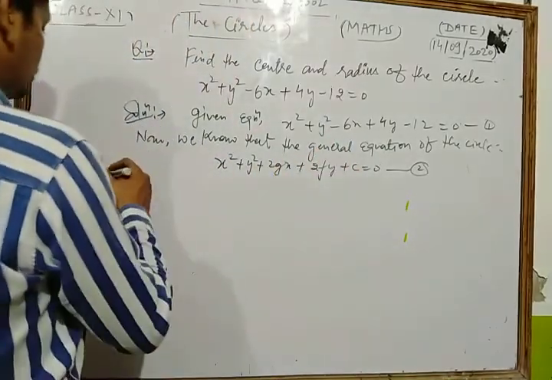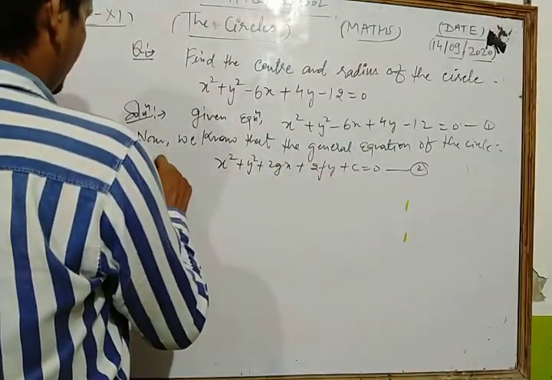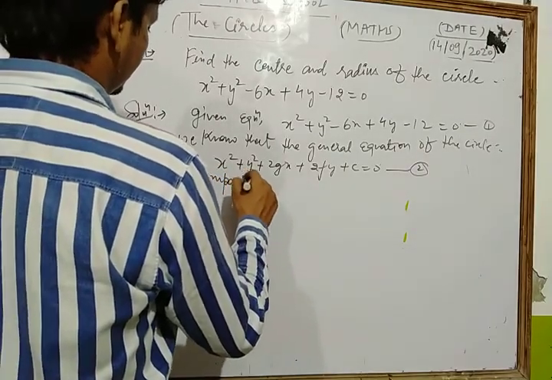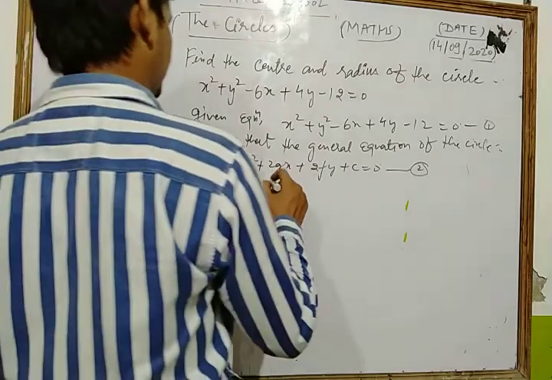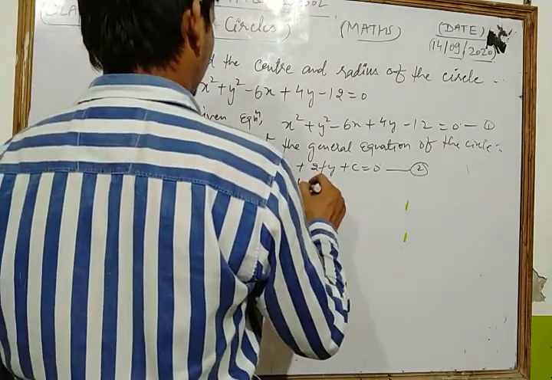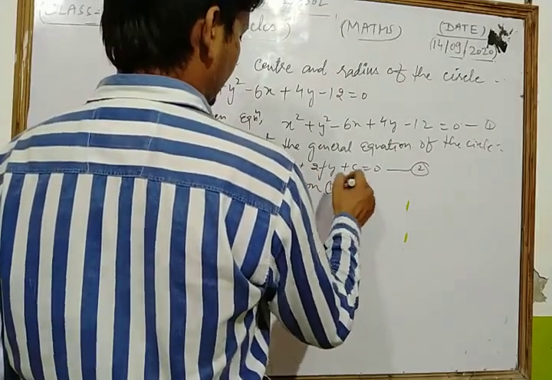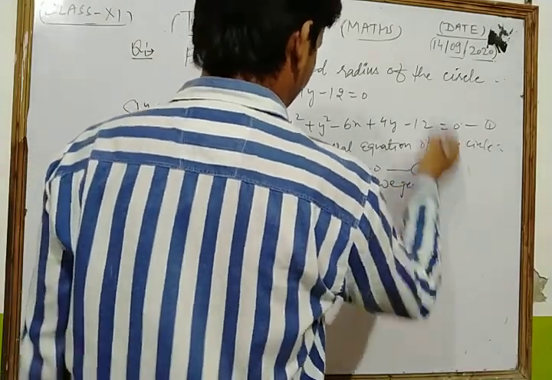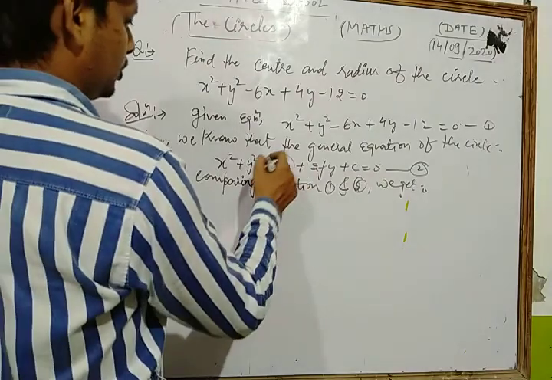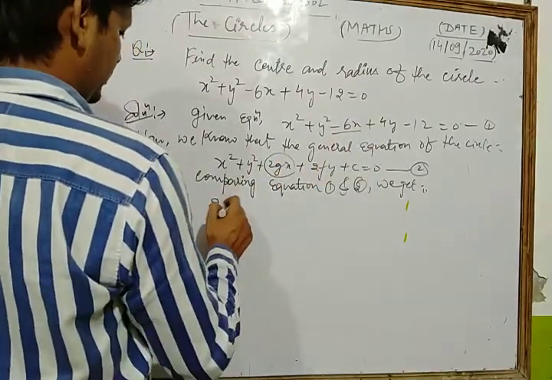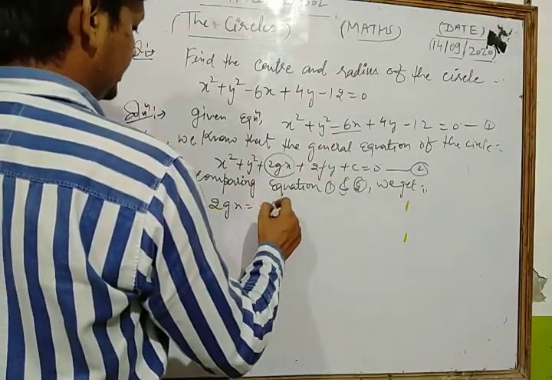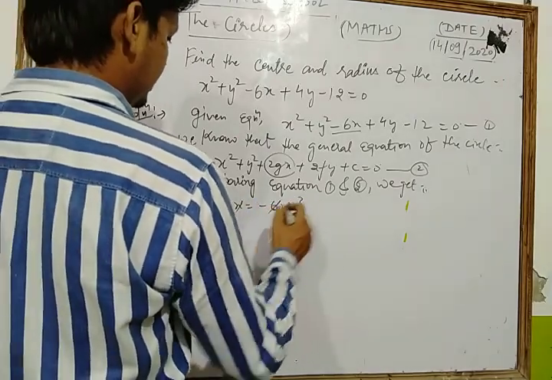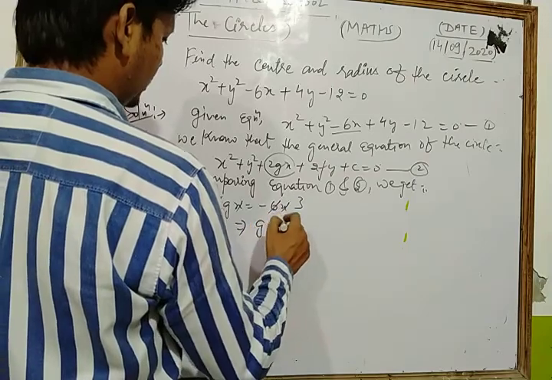Now on comparing equations 1 and 2, what do we get? 2gx is equal to minus 6x. The x cancels, and 2 times 3 is 6, so the value of g is equal to minus 3.